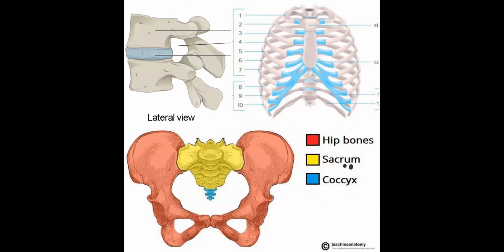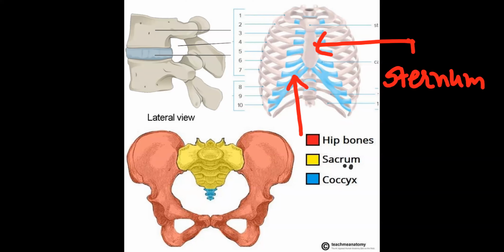Another one. First of all, what is the name of this bone at the labeling point? The sternum. And what about the other bone labeled over there?